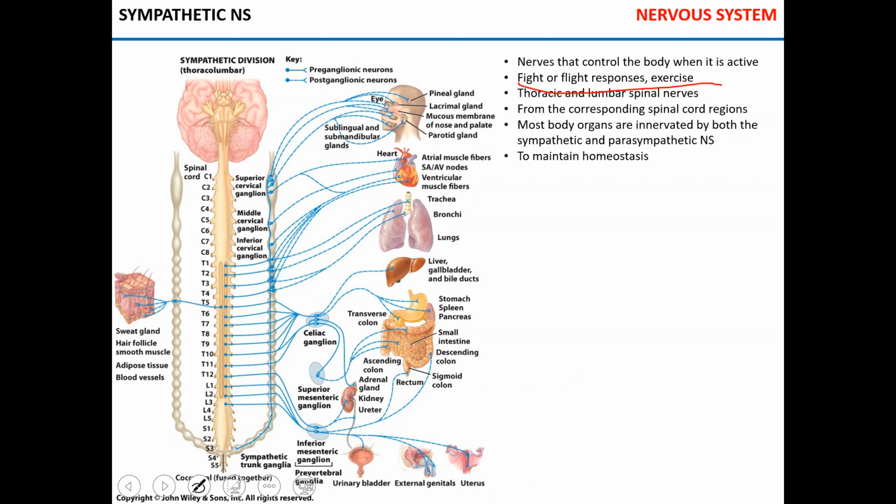The nerves of the sympathetic branch originate in the thoracic and lumbar region of the spinal cord. Let's say when you exercise, your heart starts beating faster, your digestive activities are inhibited. Those are all responses generated via the sympathetic nervous system.